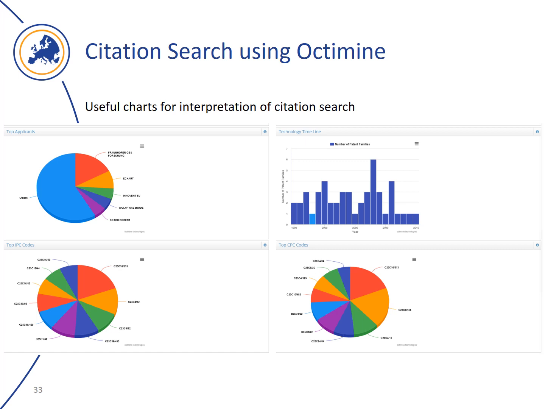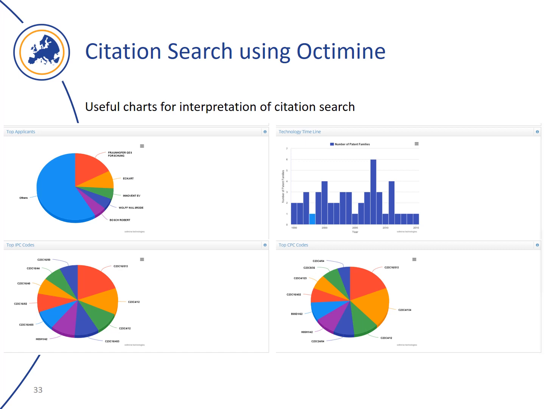We have here a technology timeline which shows that you had on average 2 to 3 patents over the years, with a very strong year around 2008, but in the last couple of years, except this one year, we had fewer patents.